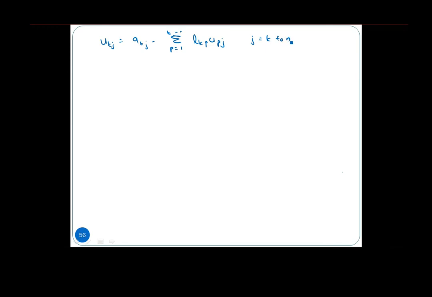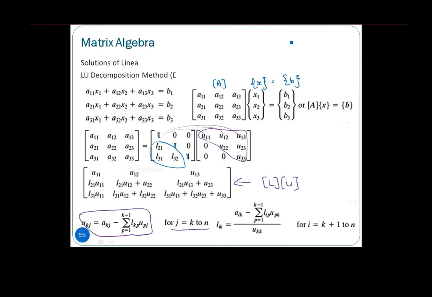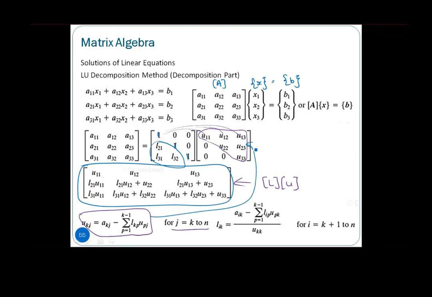So we are determining a general equation that can help us to determine this L and U. Our so-called U_KJ here will help us to find this.